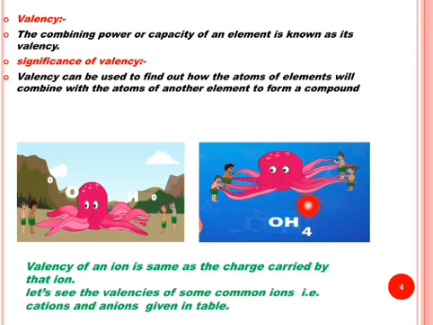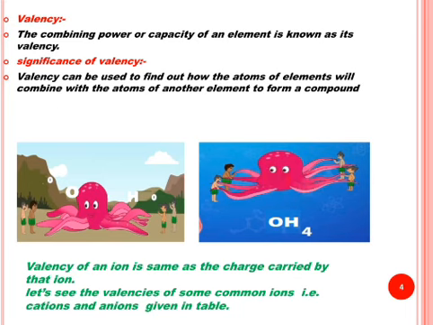Let us represent this octopus with O and humans with H. Can you write the formula of this combination? It comes out to be OH4. The subscript 4 indicates that octopus O requires 4 human beings to lock its 8 arms with 2 arms of each human being.